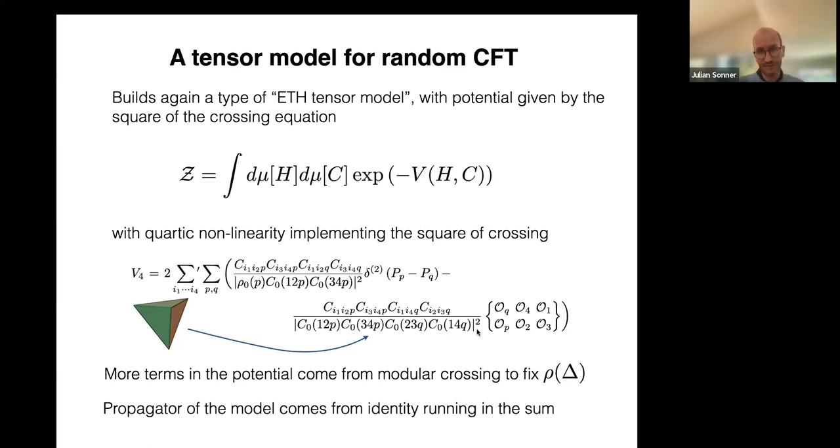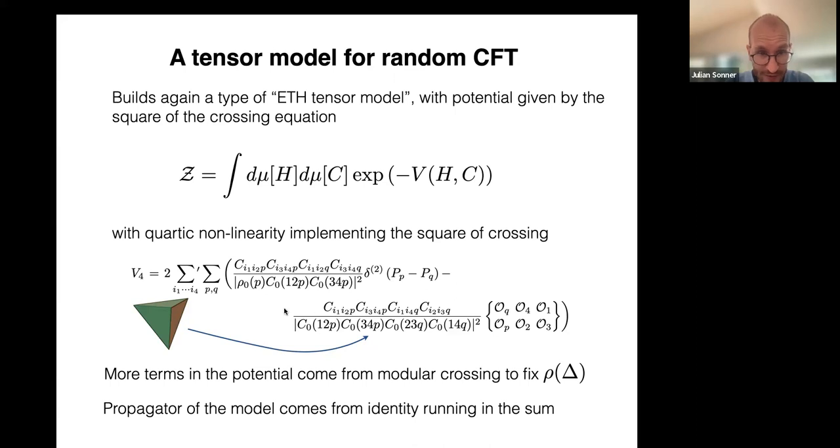Now, there are more terms in this potential which come from modular crossing. They basically fix rho and its statistics. But the one that is most evocative is this one that I'm writing here, because it is known that the Virasoro 6J symbol is actually associated with tetrahedra. So you now think of the edges as being related to the Virasoro representations that are carried here.